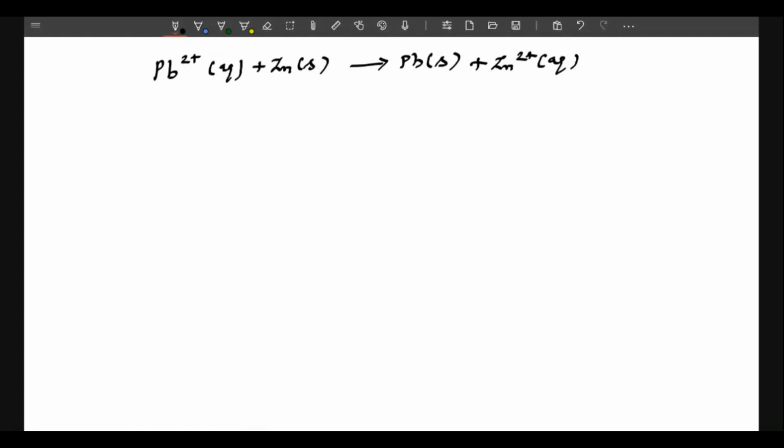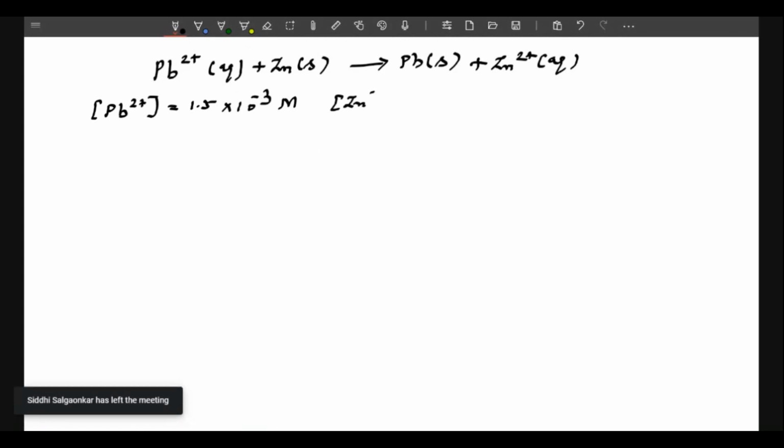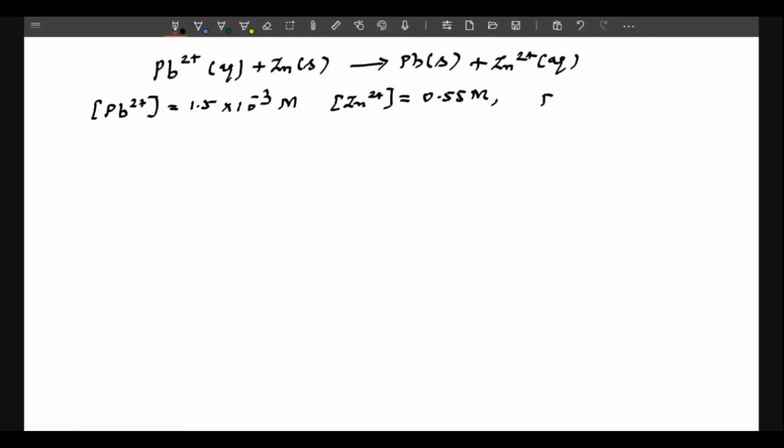When the ion concentrations are Pb2+ equal to 1.5 into 10 power minus 3 molar, Zn2+ is equal to 0.55 molar, E naught: epsilon naught of Zn2+ for zinc is equal to minus 0.76 volt, and epsilon naught of Pb2+ is equal to 0.126 volt.